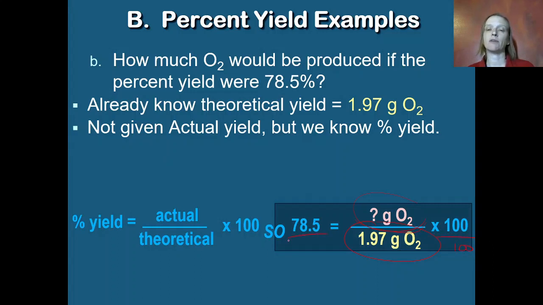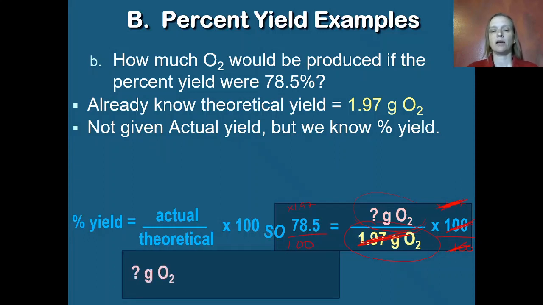Whatever we do to one side, we have to do to the other. Because I'm dividing by 1.97, we need to multiply times 1.97. And if we do that to one side of the equation, we have to do it to the other side of the equation. So by multiplying by 1.97, I get rid of that value. By dividing by 100, I get rid of that value.